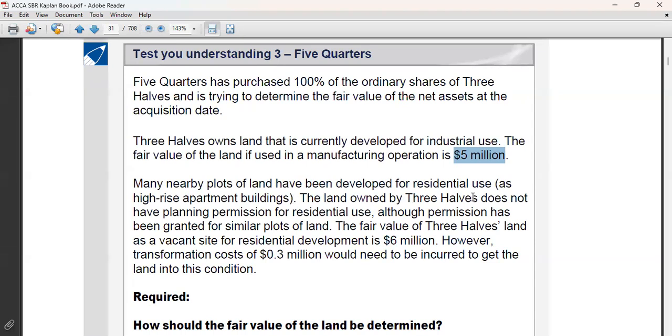The land owned by 3 halves does not have planning permission for residential use, although permission has been granted for similar plots of land.